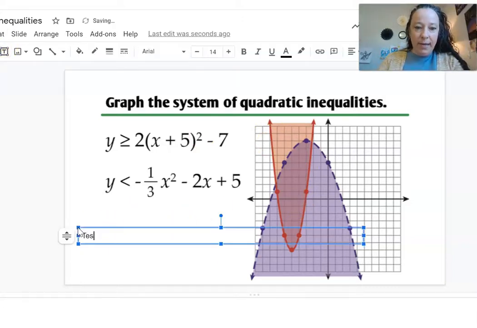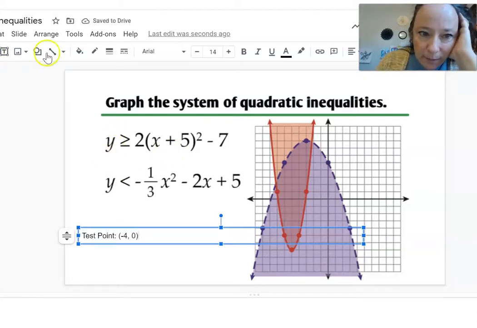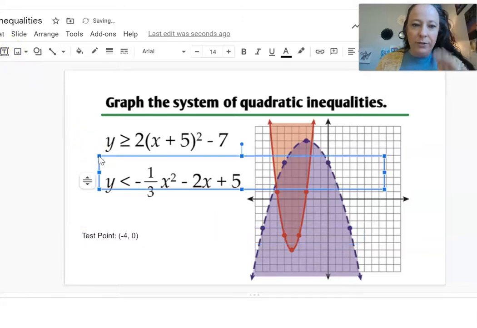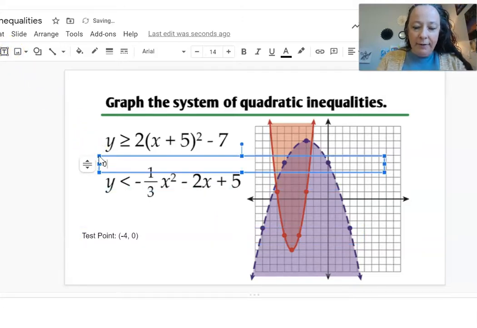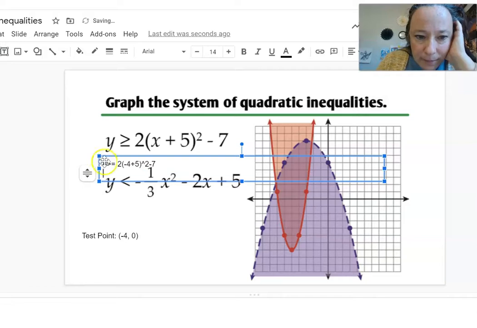So my test point is negative 4, 0. All right, so I'd plug in here. So it would be, is 0 greater than or equal to, I'm plugging a negative 4 in. So 2 parentheses negative 4 plus 5 squared minus 7. Let's see.